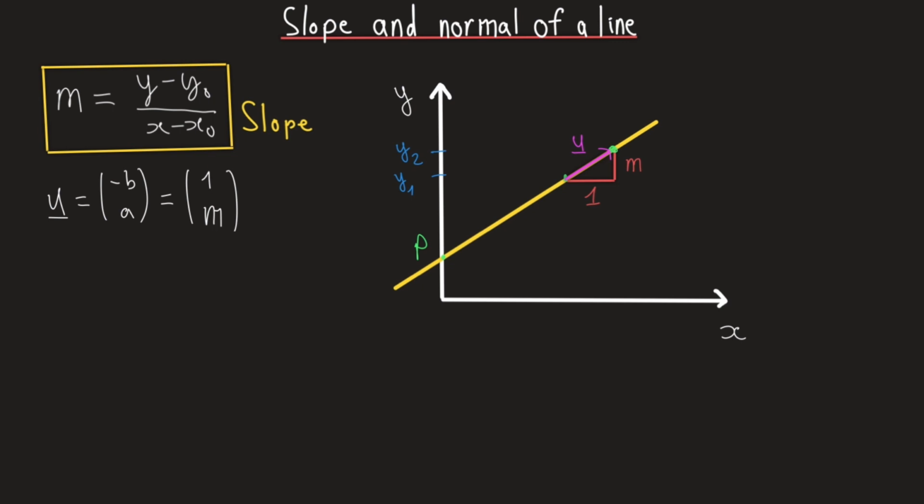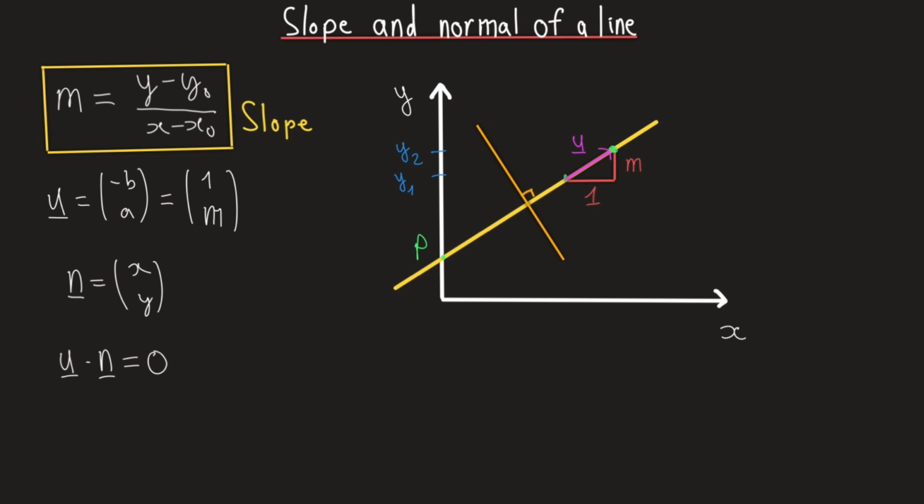Now imagine we have a new line that is directly perpendicular to our initial line. How can we get the slope of that line? If you are familiar with the concept of the dot product or the scalar product, you will know that if you have a normal vector n with coordinates x and y, then the dot product between the direction vector u and a normal vector n will be equal to 0.